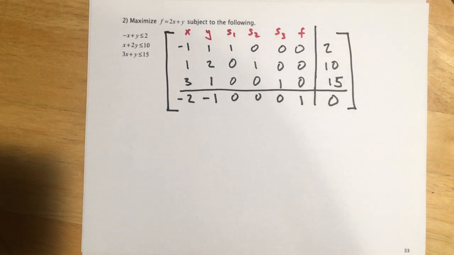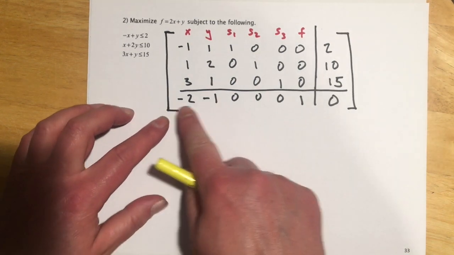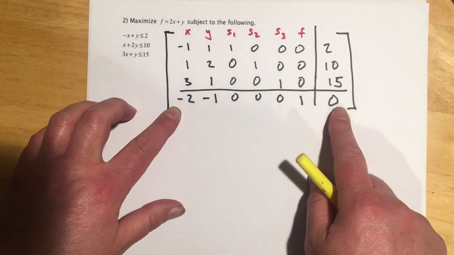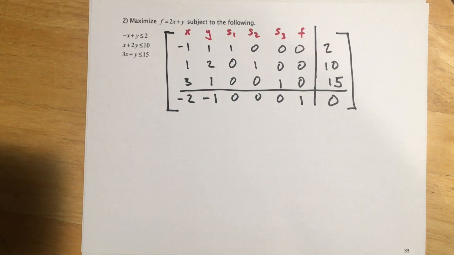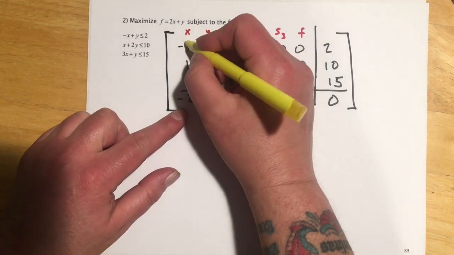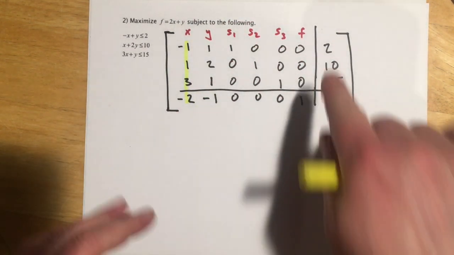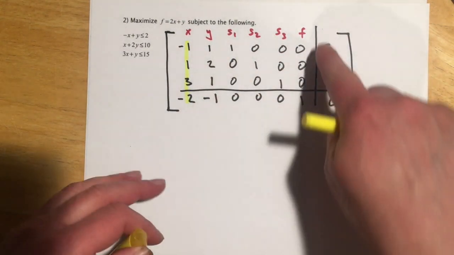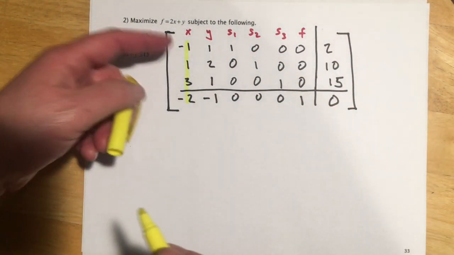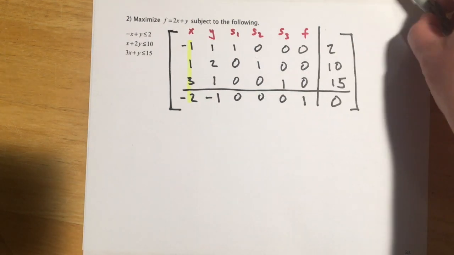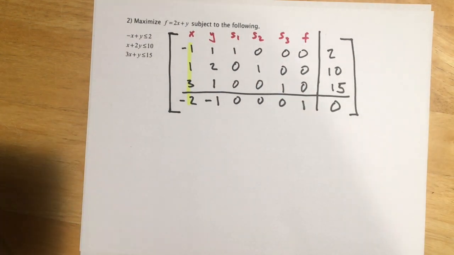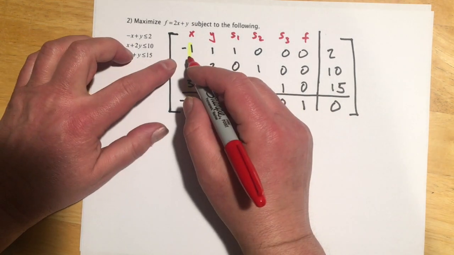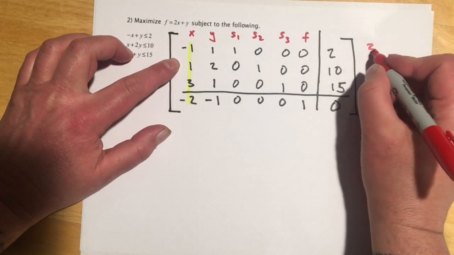So now we have to find our pivot. So remember, first thing we do is we look for the most negative value on the indicators, and that is going to be this -2. And then we do the division with the equals column and the pivot column. And then whichever one of those comes out the smallest, that's the one that we want to use. So here we'd have 2 over negative 1.